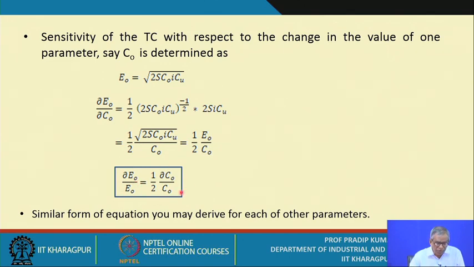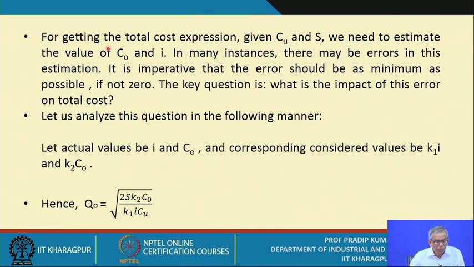And this relationship is true not only with respect to CO, but for all the other 3 parameters you have used in getting the EOQ formula. So a similar form of equation you may derive for each of the other parameters. It's clear?